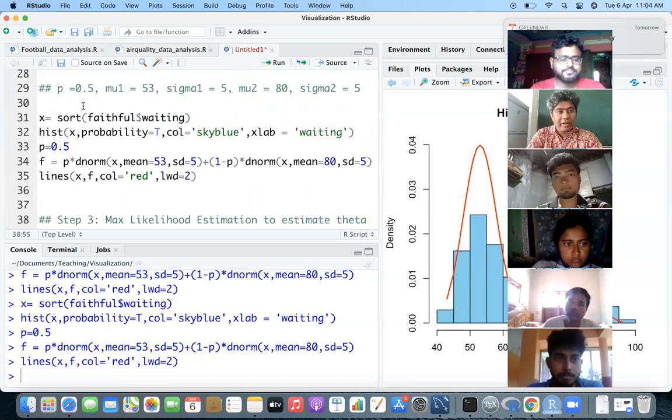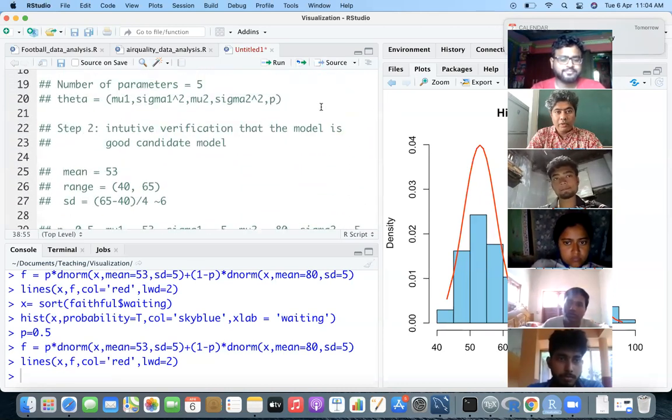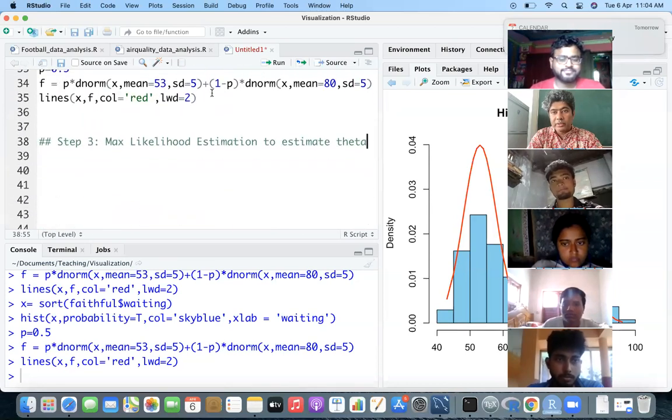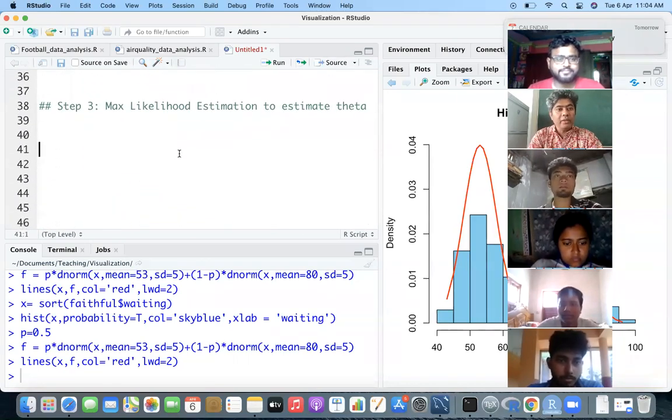My theta is these parameters. Okay, these are the parameters I'm going to estimate. Okay, very well.